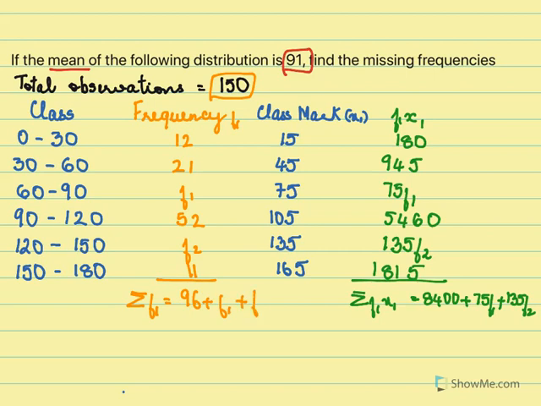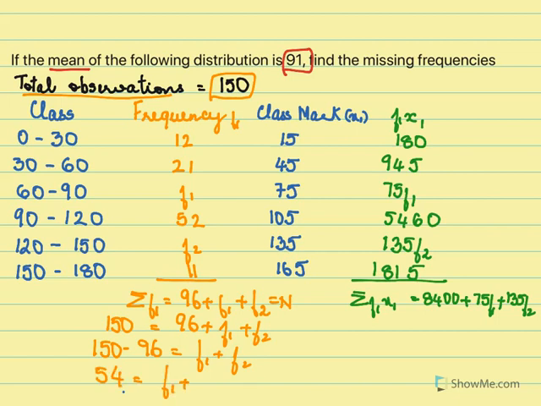But this total frequency is equal to n, and the total observations n is given as 150. So we have 150 equal to 96 plus F1 plus F2. So 150 minus 96 is 54, equal to F1 plus F2.